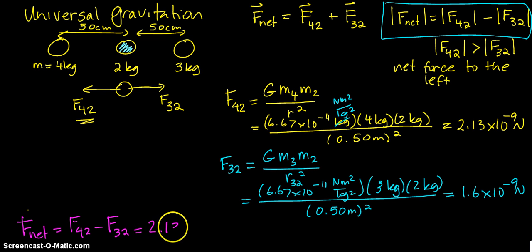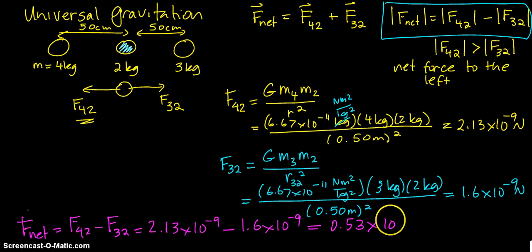So that's 2.13 times 10 to the negative ninth minus 1.6 times 10 to the negative ninth, which is equal to 0.53 times 10 to the negative ninth newtons. So that means the net force on the 2 kilogram mass by the 4 and the 3 combined is 0.53 times 10 to the negative ninth newtons.